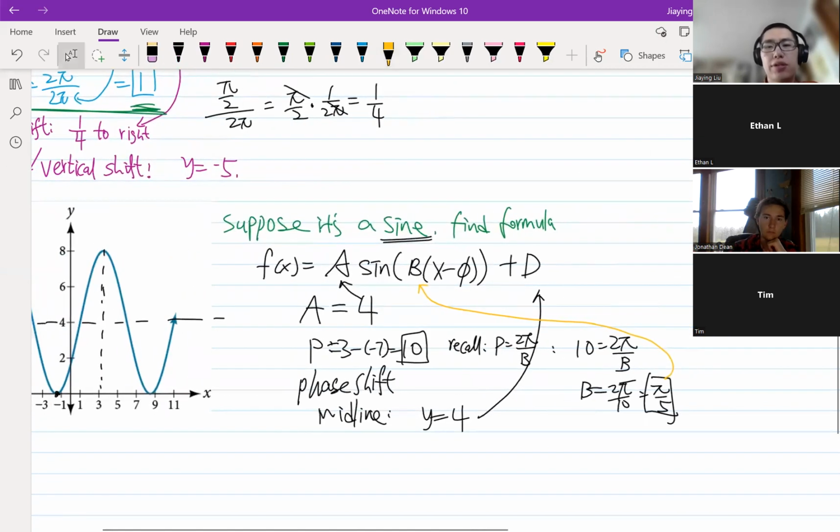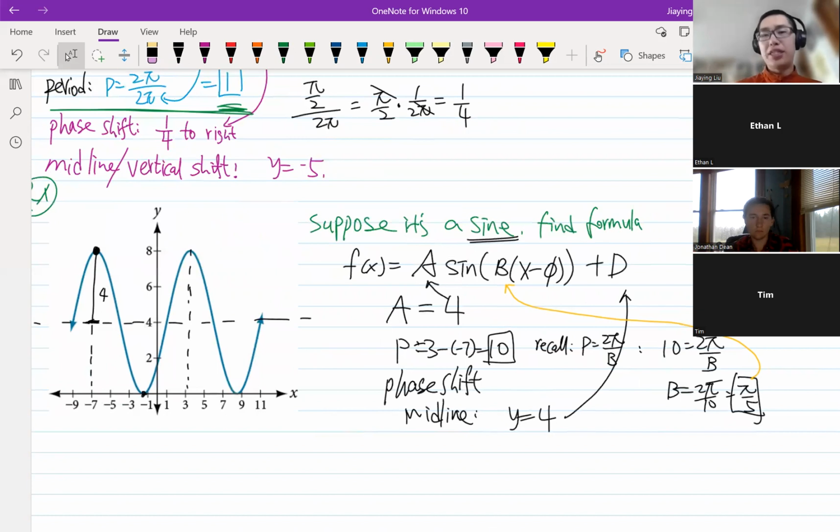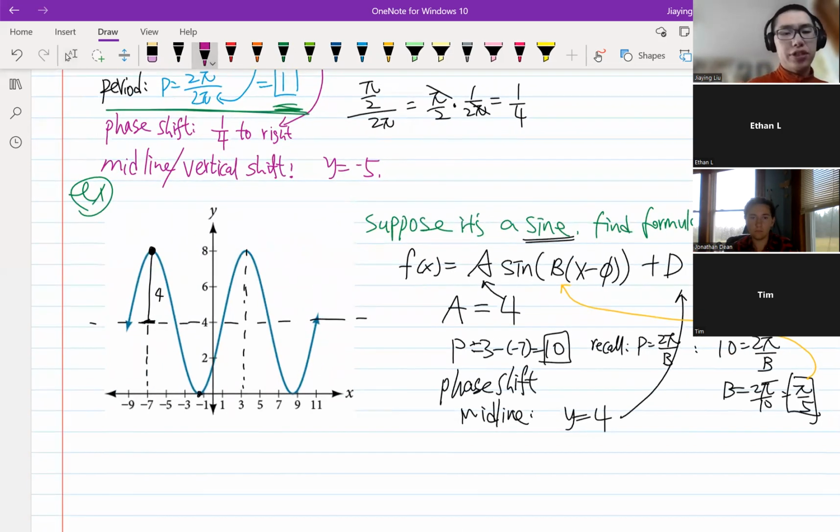Now, what about the horizontal shift, the phase shift? Well, that one we have to be a little bit more careful in order to find it. We have to know if this is a sine function, how much has it been shifted? Let's just suppose we take it as a positive sine. So recall that a positive sine function starts at the midline, goes up, and then comes down.